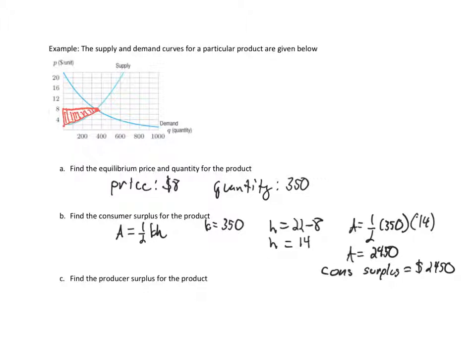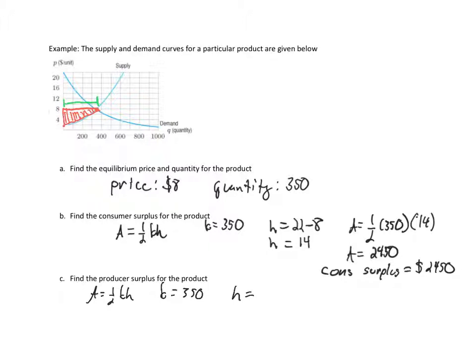To compute our producer surplus, again, area equals 1/2 base times height. If I think about this as an upside down triangle, I would think about this area here as being the base of my triangle. And again, that's the same thing as the equilibrium quantity, which would be 350.